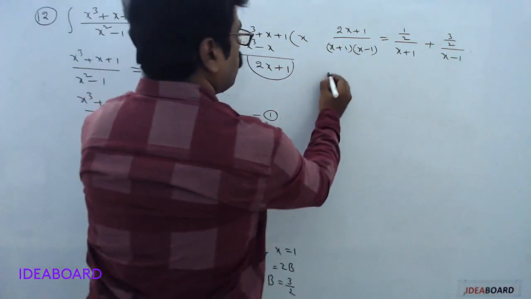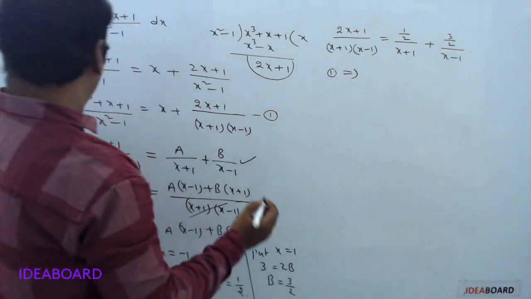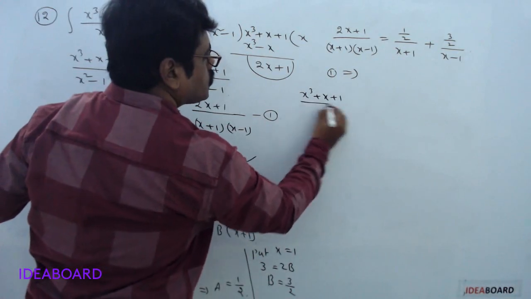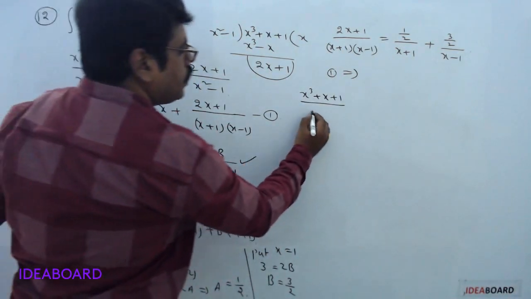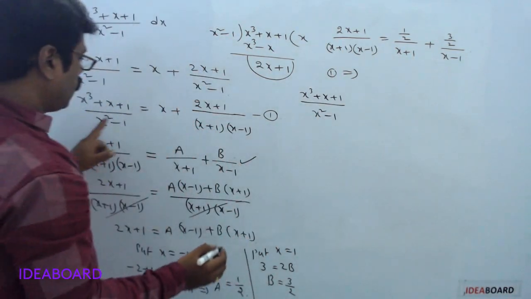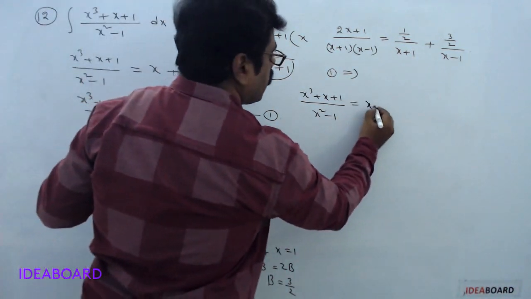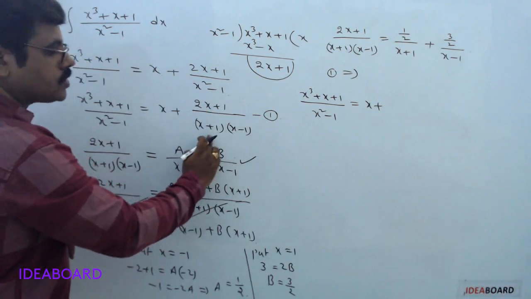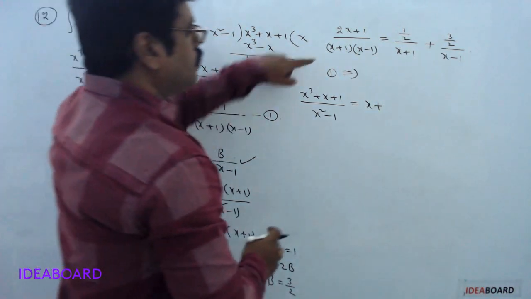So take equation 1. This is x cube plus x plus 1 divided by x square minus 1 equal to x plus 2x plus 1 divided by x plus 1 into x minus 1.